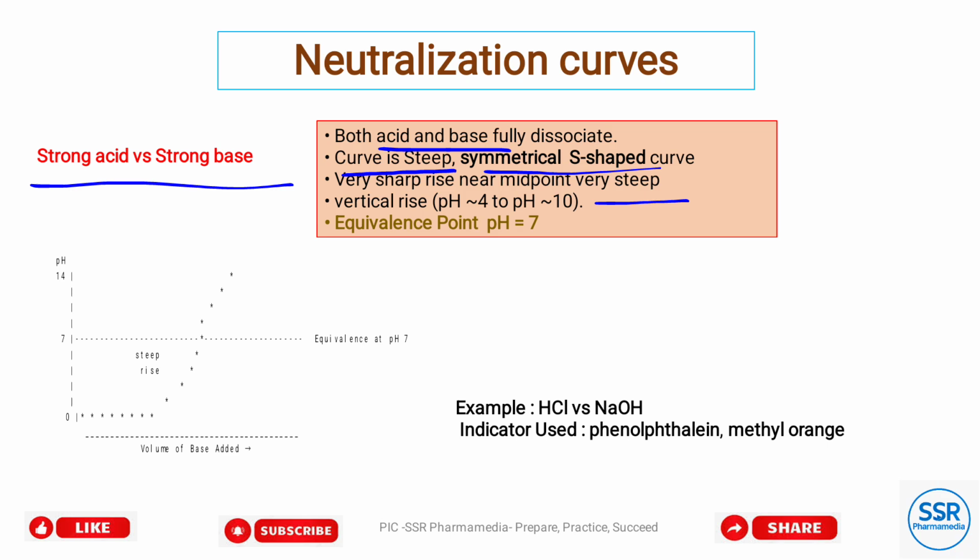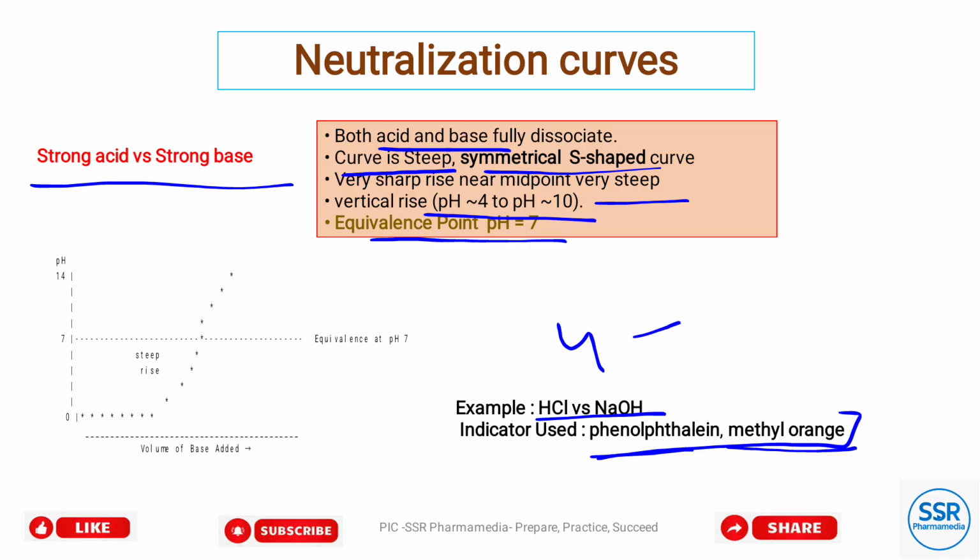There is a vertical rise of pH between 4 to 10, and near the equivalence point the pH is 7. While doing the titration of a strong acid, for example HCl versus NaOH, phenolphthalein and methyl orange are used because these two indicators work between pH 4 to 10.